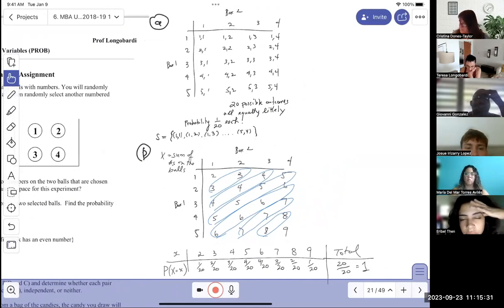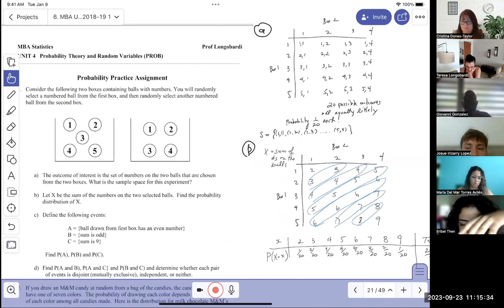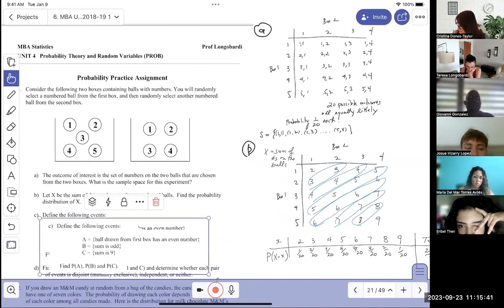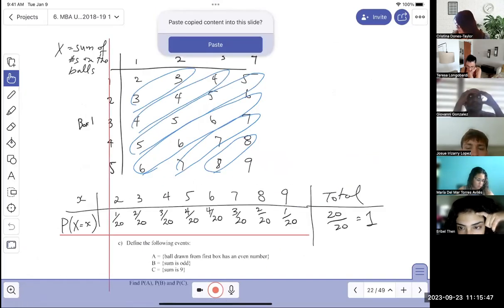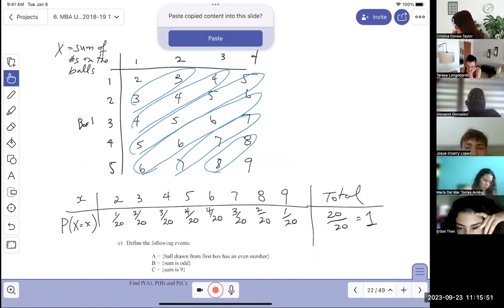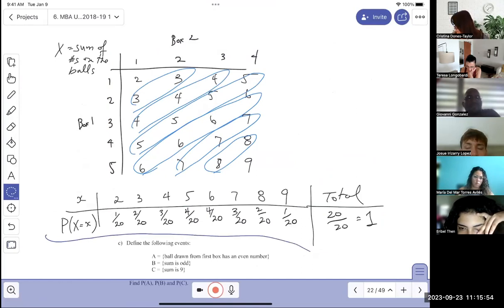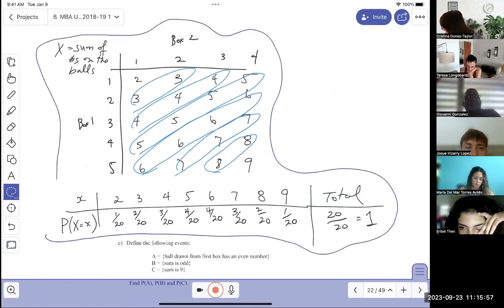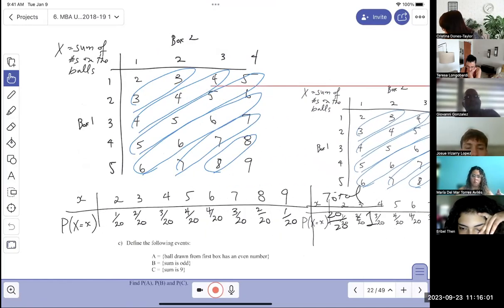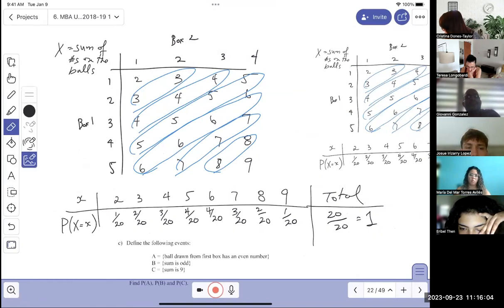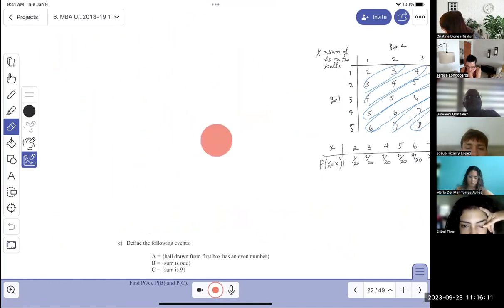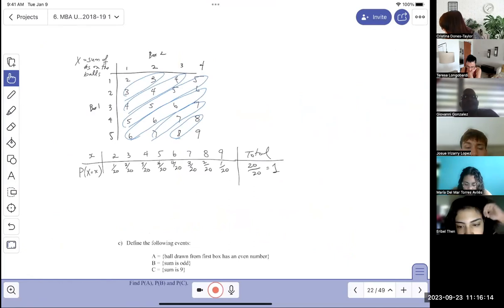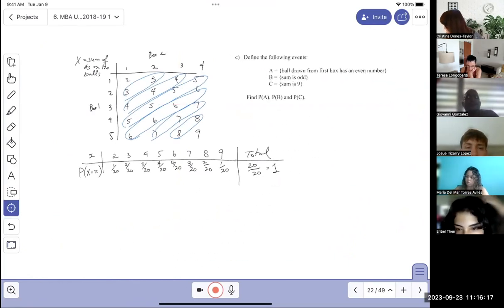So let me take the C part question onto another page. Okay.